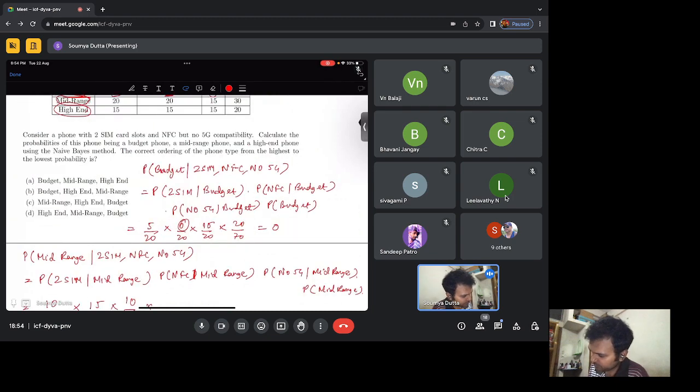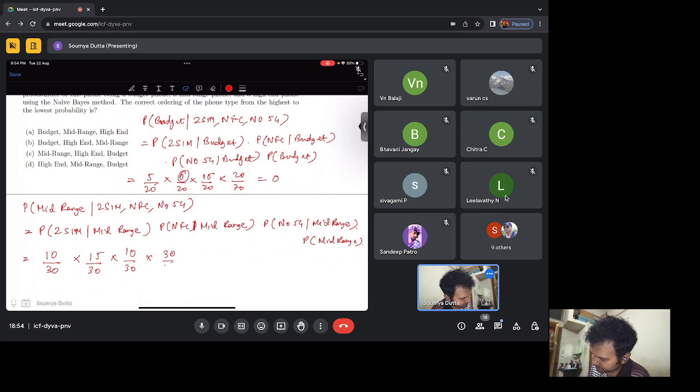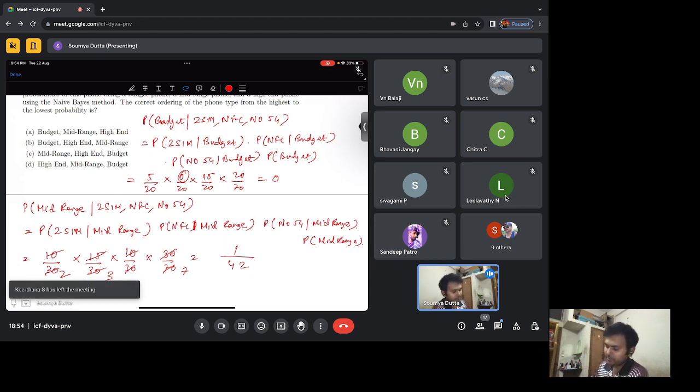And the final thing would be the mid range, which is 30 by 70. So 30 will get cut, this 15 and 2, this 10 by 3, this 10 by 7. So this would be 1 by 42.